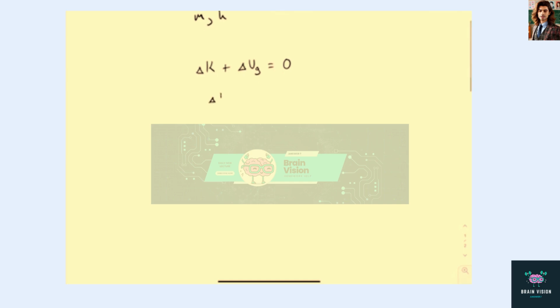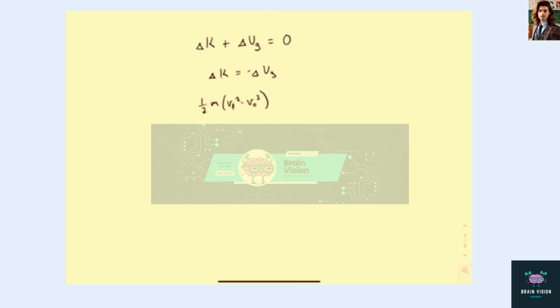So then we can put the kinetic energy on one side and the potential on the other side. This becomes minus. So the change in kinetic energy is going to be 1/2 mv squared, but the thing that's changing is the velocity. So I'll say vf squared minus the initial squared. So that's the change in kinetic energy.